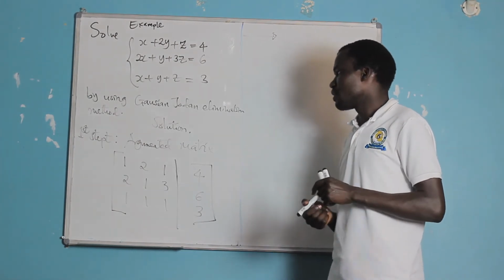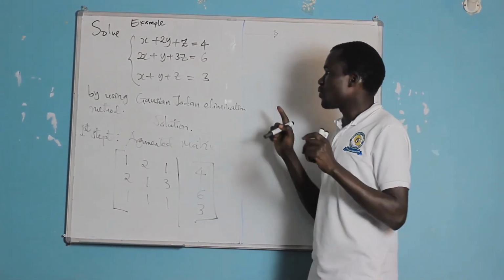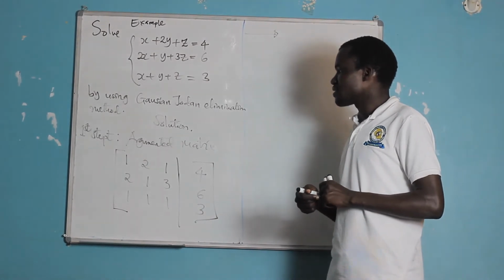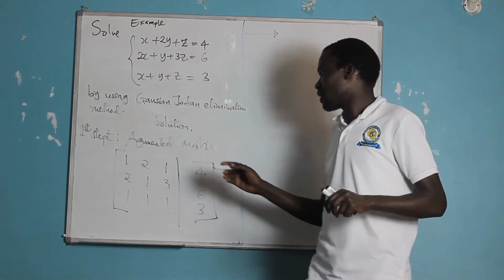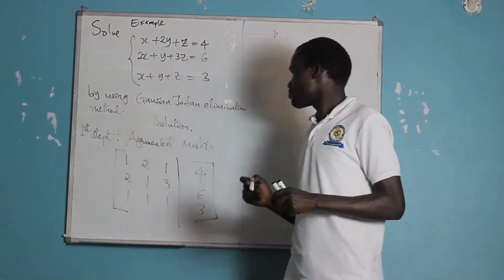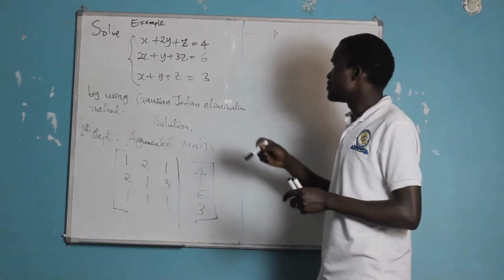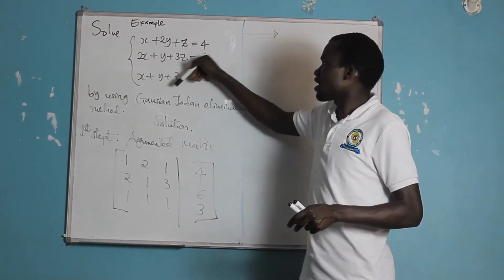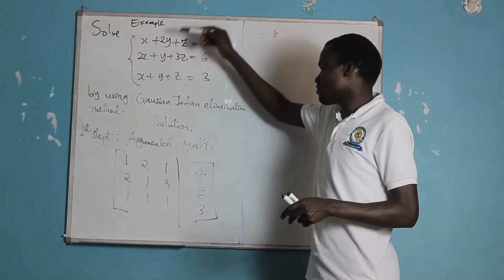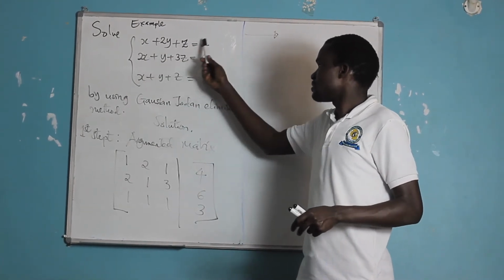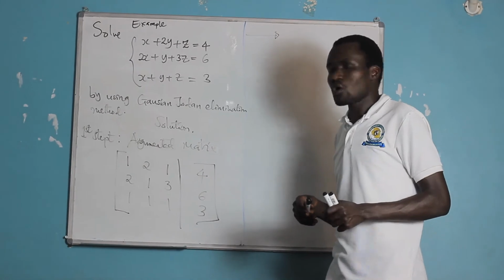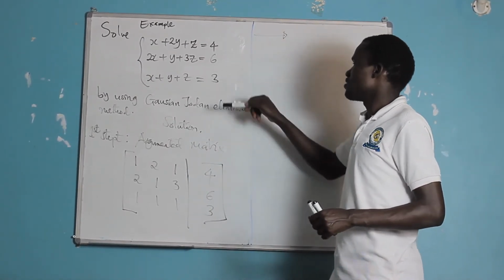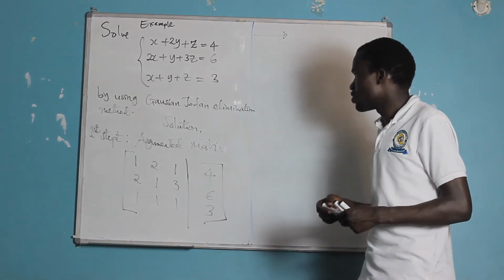Solution: the first step is putting this system into an augmented matrix. The augmented matrix takes the matrix form by using these variables or unknowns, taking their respective coefficients, appended with this vector, which is formed by these constants.